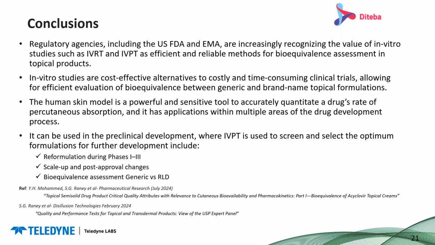Use of automated high throughput systems increases throughput, reduces human error, and shortens study time. Application of advanced mathematical models or more sophisticated statistical models. All of these advancements help improve the credibility and utility of IVPT studies in the regulatory assessment of topical bioequivalence products, I believe.